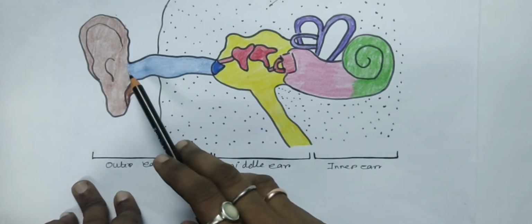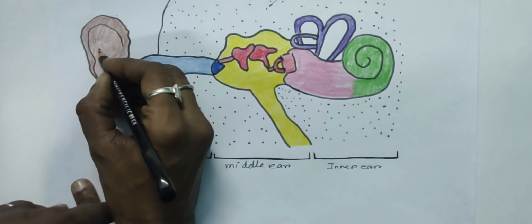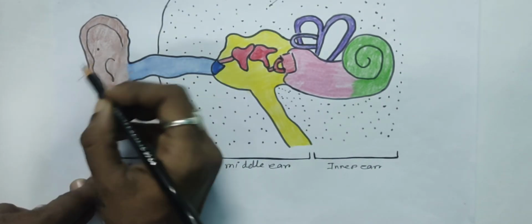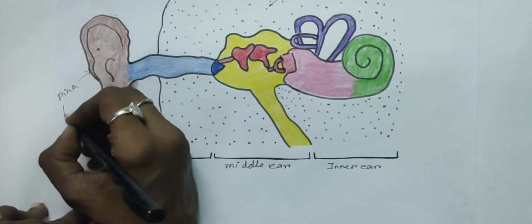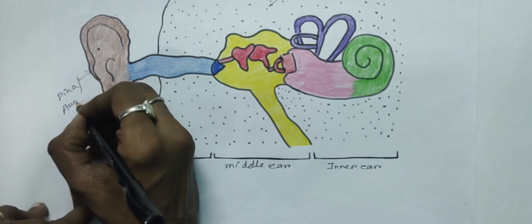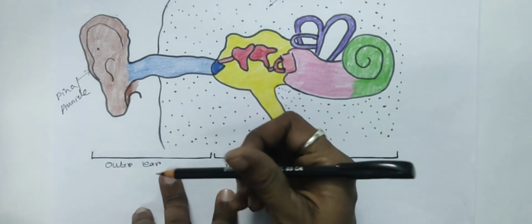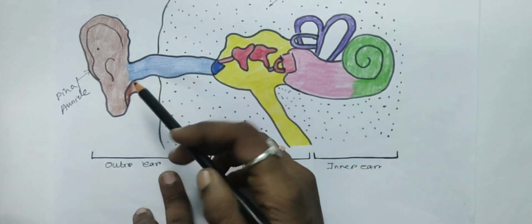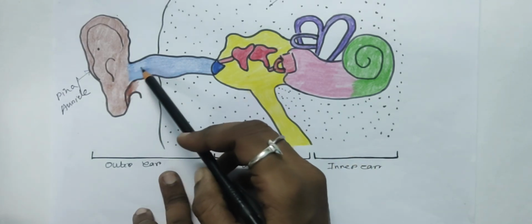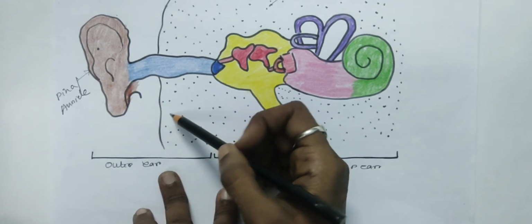The main function of the auricle or pinna is to receive sound. It receives sound and transfers the wave into this canal.